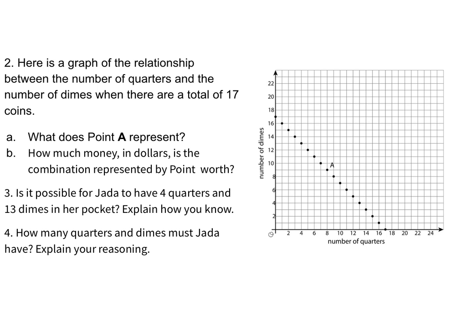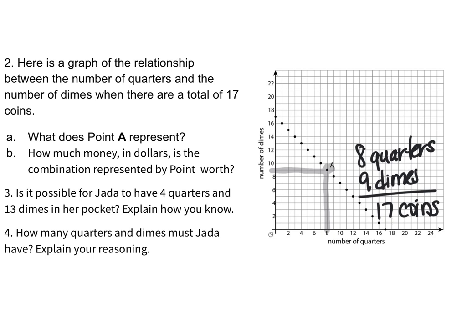So let's find point A. I'm just going to highlight point A here. So what does point A represent? I'm just going to draw my line. So here it looks like we have 8 quarters and how many dimes? 9 dimes. So we definitely have 17 coins, right?